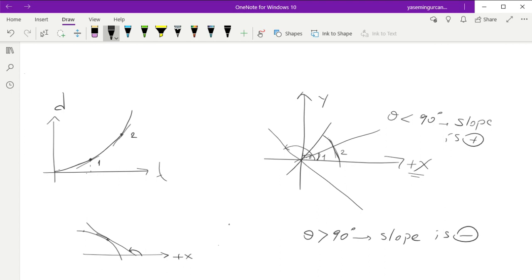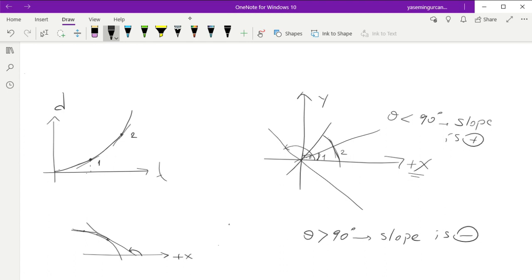Whereas if you take a point here and a tangential line to here, you can see this is getting closer to the x-axis. It's not as steep as this one here, right? For the negative slopes, again, the closer the line is to the y-axis, the vertical axis, the numerically bigger its slope is going to be.